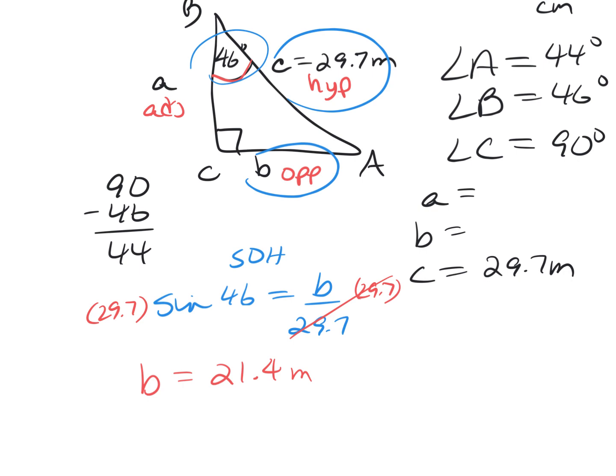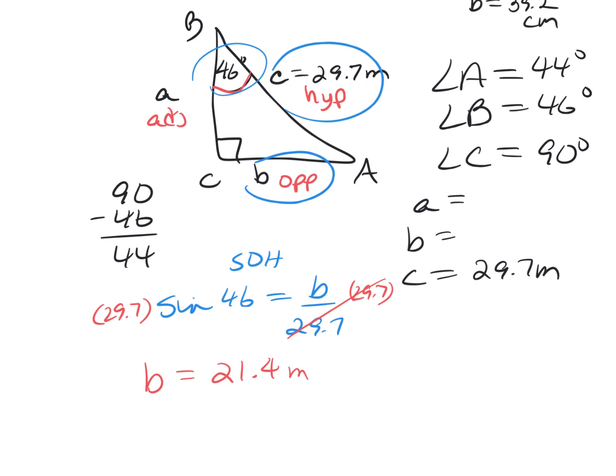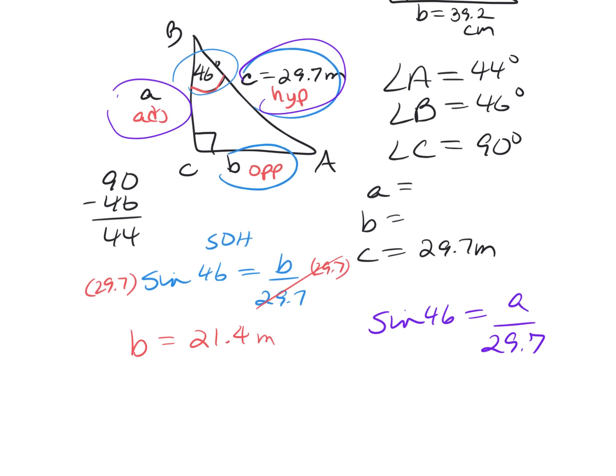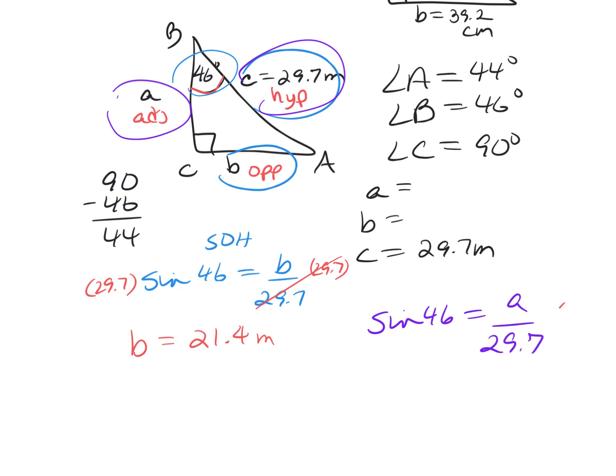Sine 46 times 29.7. And now to find lowercase a, now it's cosine because it's adjacent and hypotenuse. So cosine of 46 is equal to a over 29.7. Again, it doesn't matter which one you solve for first, because you should always try to use the given. Don't try to use a newly calculated number.